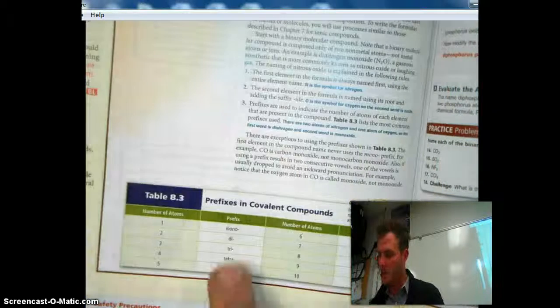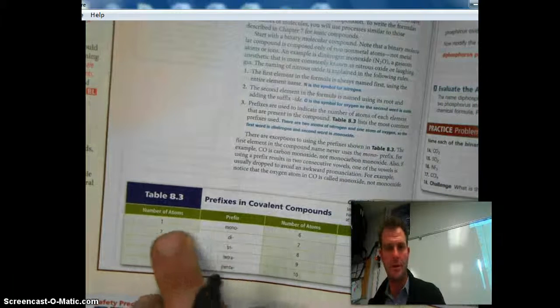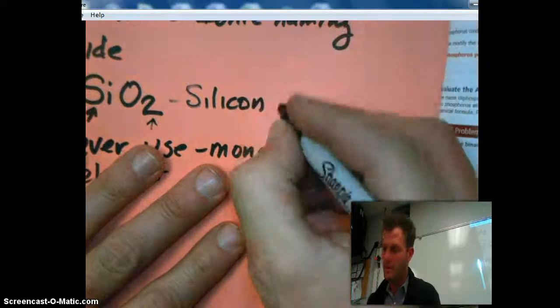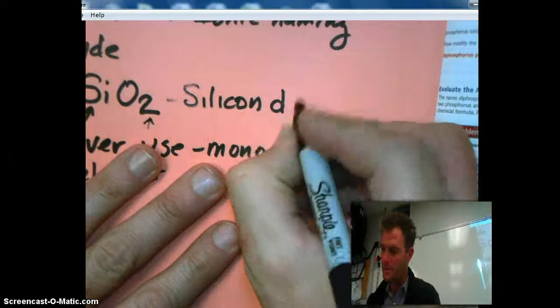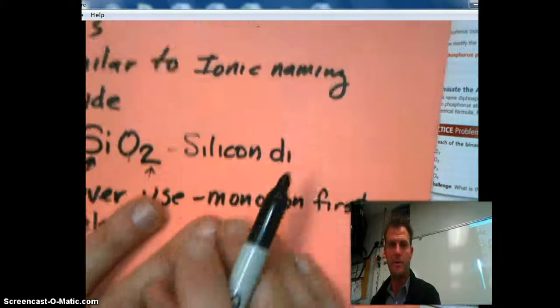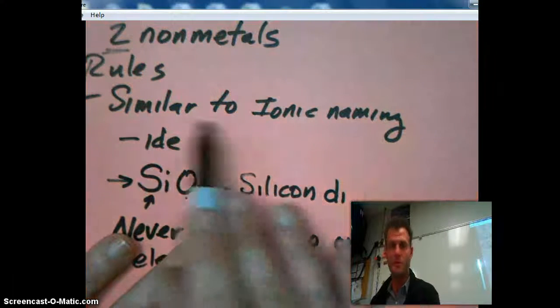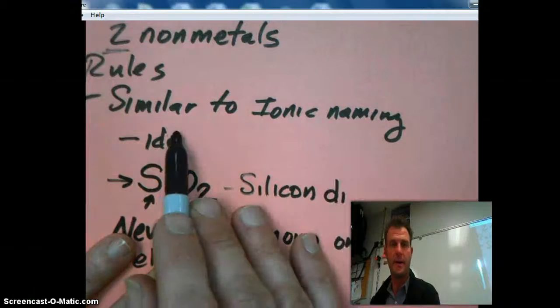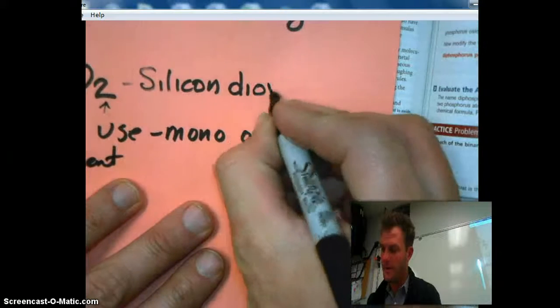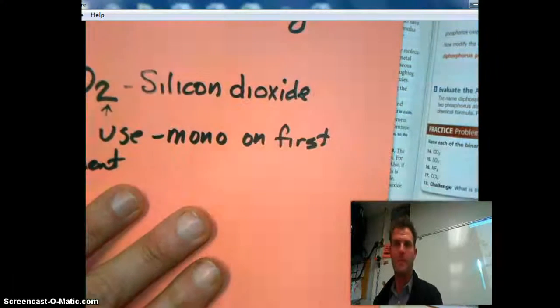If you look back at your chart, 2 is di. So we would say di, and the name of this element, according to our rules similar to ionic naming, gets the IDE ending. So we would say silicon dioxide.